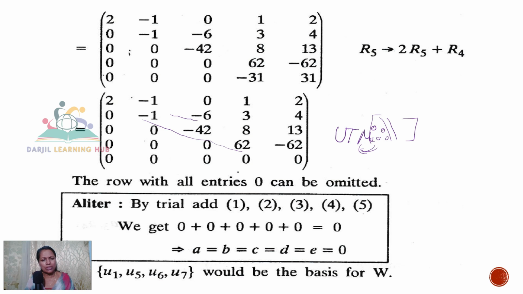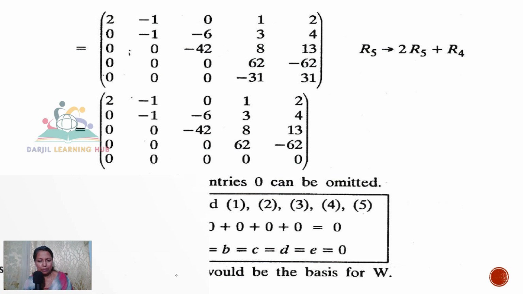So all the scalars of these 5 vectors are 0, which means the vectors are linearly independent. Therefore u1, u5, u6, u7 are a basis of the given subspace W.